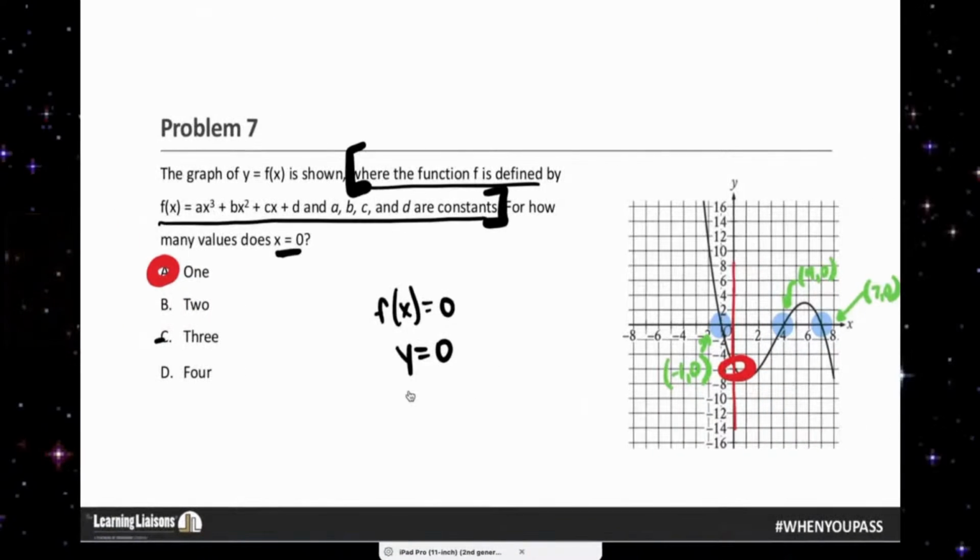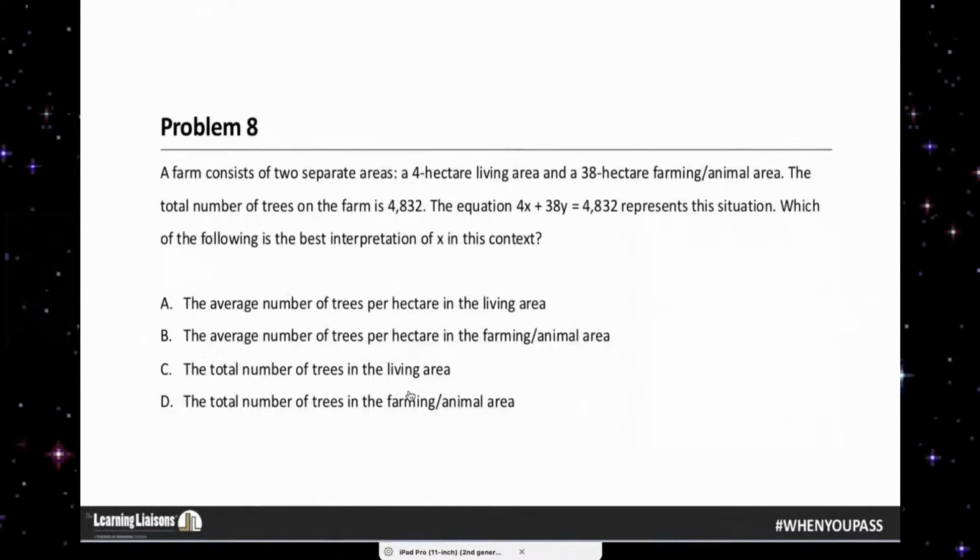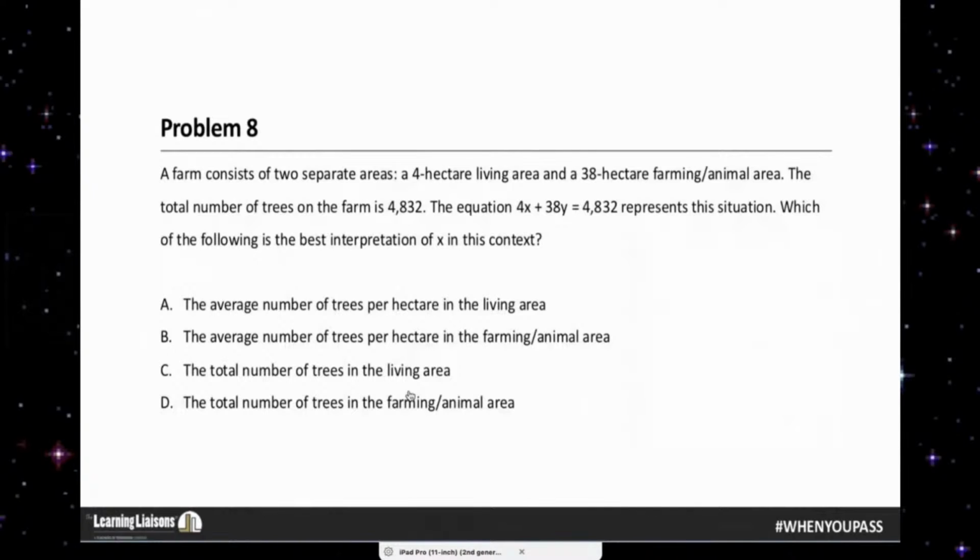All right, let's move on to problem number 8. A farm consists of 2 separate areas, a 4-hectare living area and a 38-hectare farming animal area. The total number of trees on the farm is 4,832. And the equation 4x plus 38y equals 4,832 represents the situation.